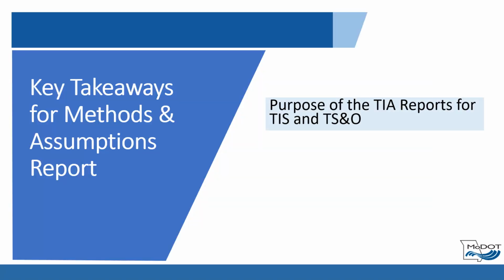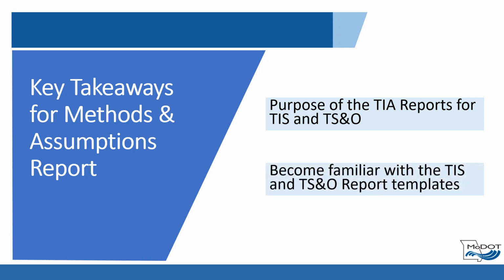MoDOT has developed TIS and TS&O report templates that are meant to aid consultants and other parties submitting work to MoDOT in the production of TIS and TS&O reports. This module discussed guidance and expectations for preparing these reports by walking through each section of MoDOT's report templates.